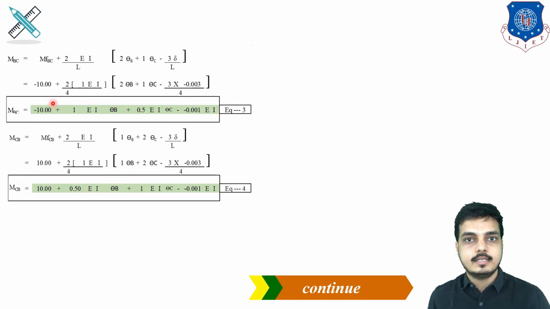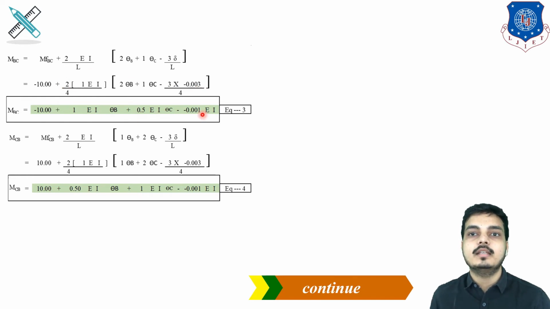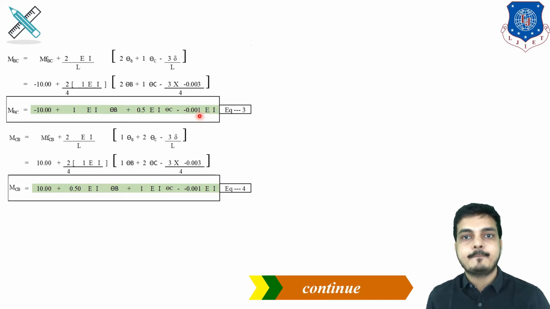So minus 10 as it is. 2 by 4 is 0.5. Multiply by 2, I will be getting 1 EI theta B. 2 by 4, 0.5 into 1 equals 0.5 EI theta C. 3 by 4 multiplied by minus 0.003 multiplied by 0.5, I will be getting minus 0.001. So here you can see, here it is a minus, so the value will be coming in minus. Minus minus will be plus. I will be solving it for the equation, so I have kept it as minus only.